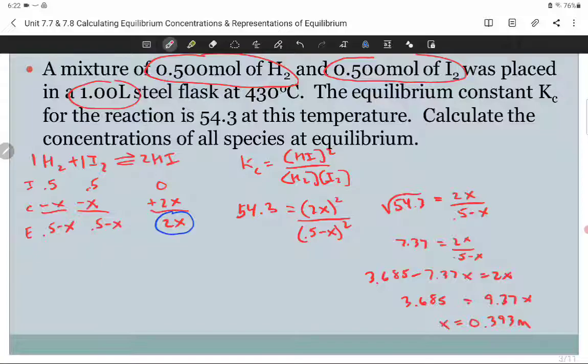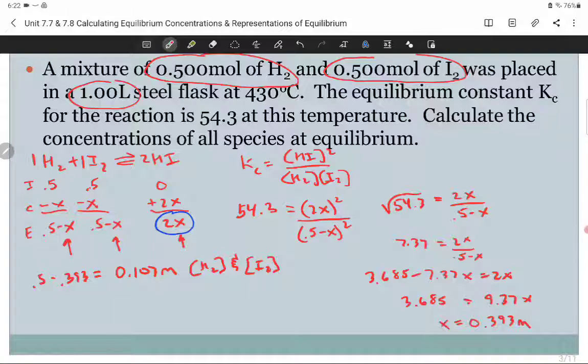For our answer, we need to plug those values back into the x component here. So 0.5 minus 0.393 is 0.107 molar. So that's for H2, and it's also for I2.